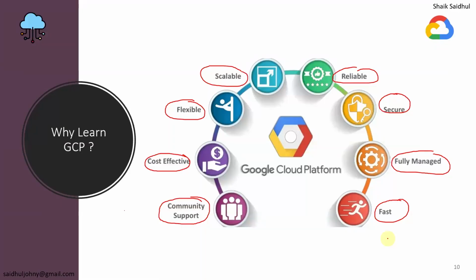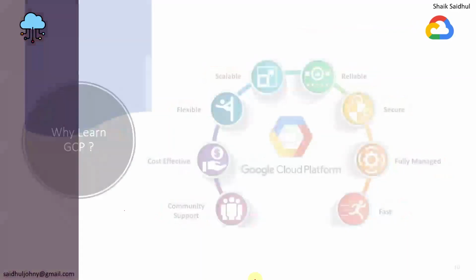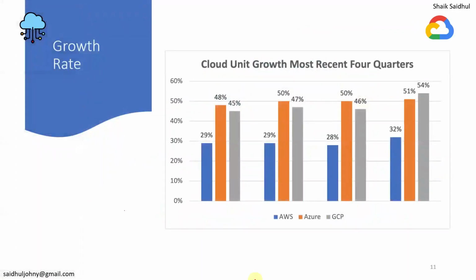But these are all the features because of which most of the companies started using Google Cloud Platform, because it is providing you cost effective services, flexibility, scalability, reliability, security, fully managed, and fast also. Okay, so that is what. And you can also look at the growth rate compared to AWS and Azure in the last quarter.